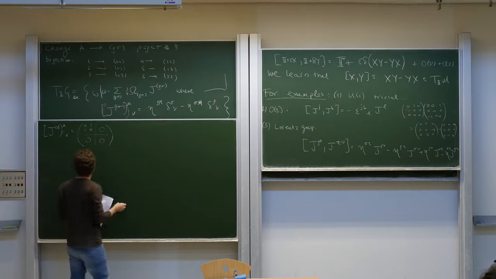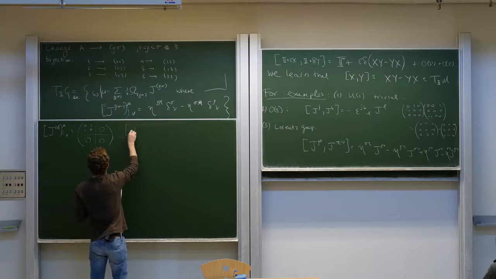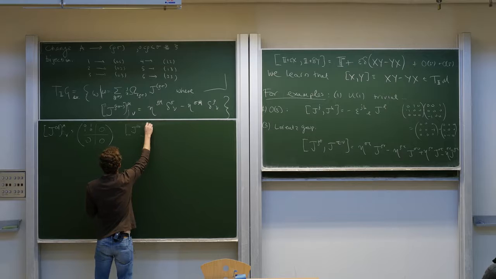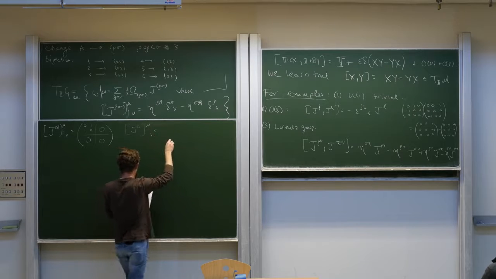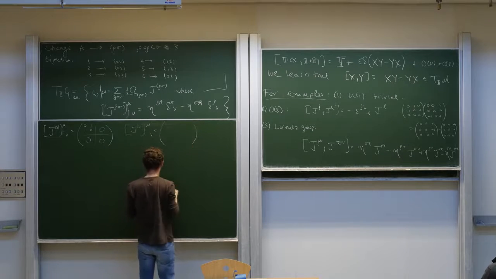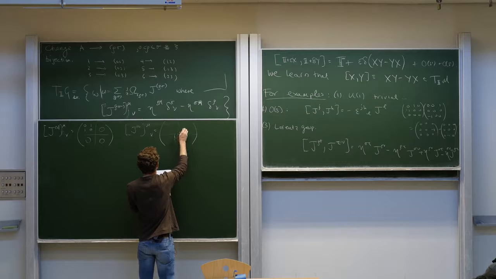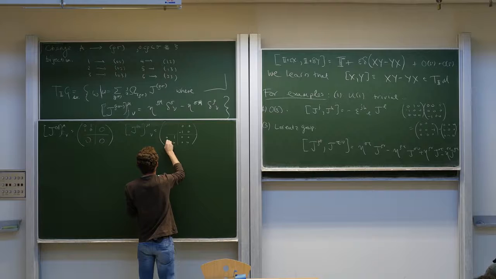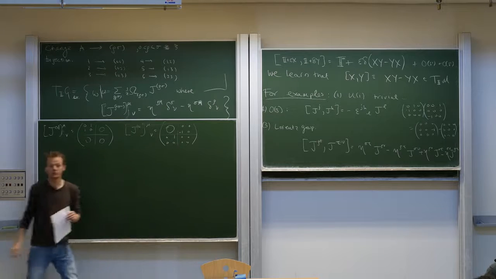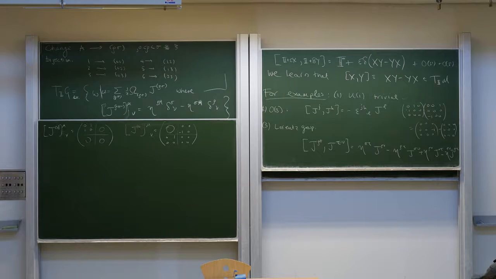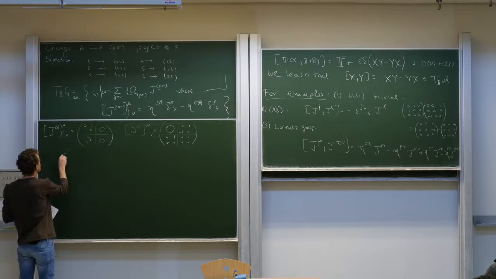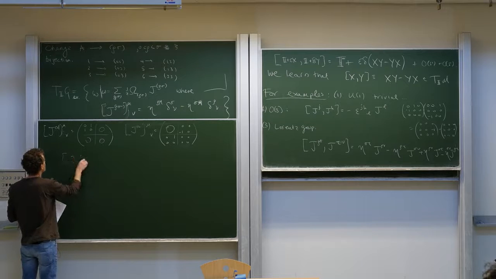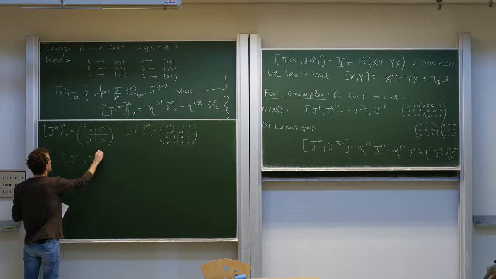And what's the other one I did? J12. That's J12. And you can multiply these two matrices together and work out their group, the Lie algebra commutator.